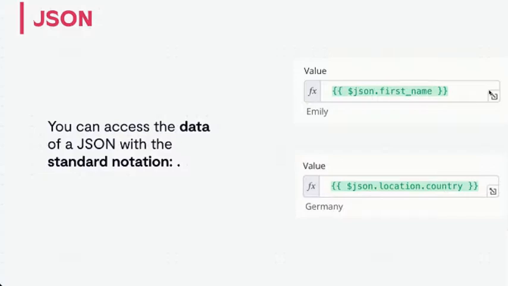For embedded JSONs, we can use multiple dot notations in a row. Here, to get the location, we can write $JSON.location.country. $JSON.location being itself a JSON on which we use the dot notation to get the value of its key country.